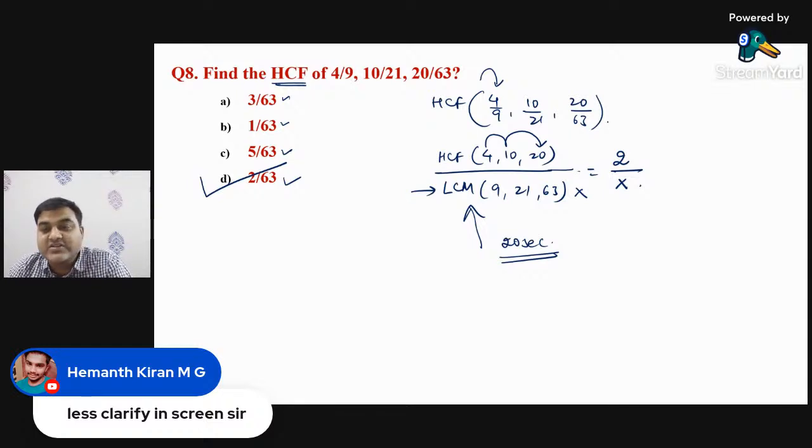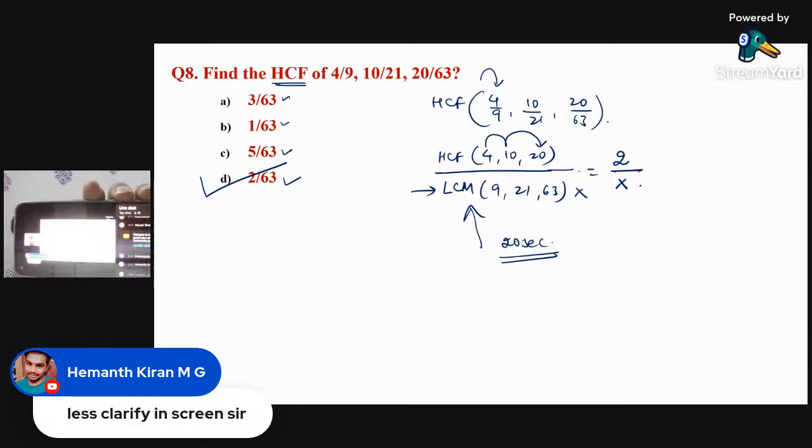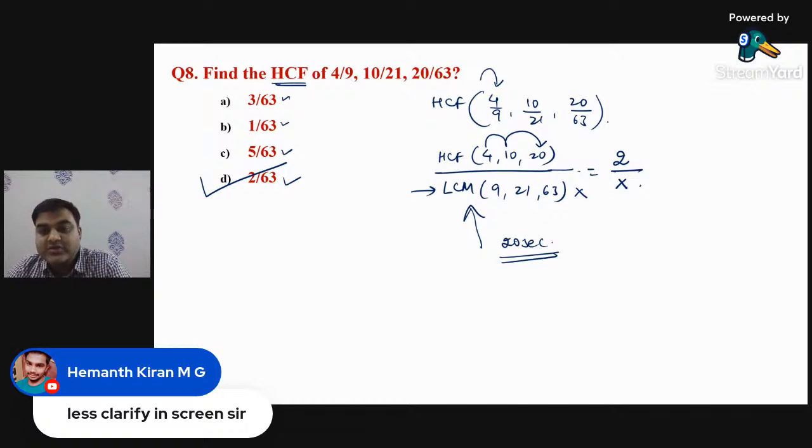So what I feel is probably it will be a problem of your internet, might be. Sometimes it is because of internet. At my end I am getting it very nicely. If you look at this, I am getting full clarity because I can see the screen very properly.